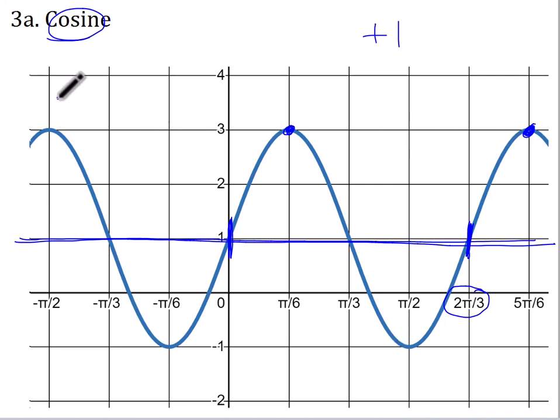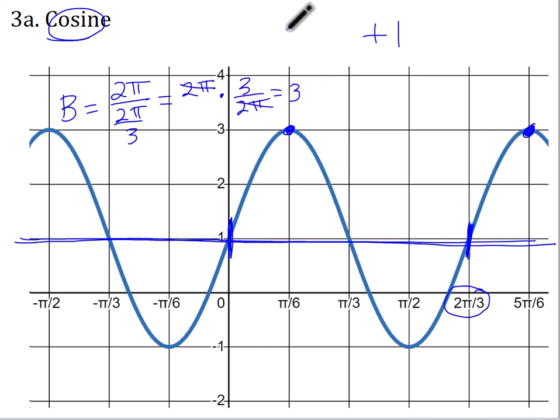So to find the period, or to find the b value, we have 2 pi divided by 2 pi over 3. And so how we can simplify that, remember, keep the top, change to multiplication, and then flip the bottom. And so what happens is my 2 pi is divided out, and so the b value in my equation is going to be 3.